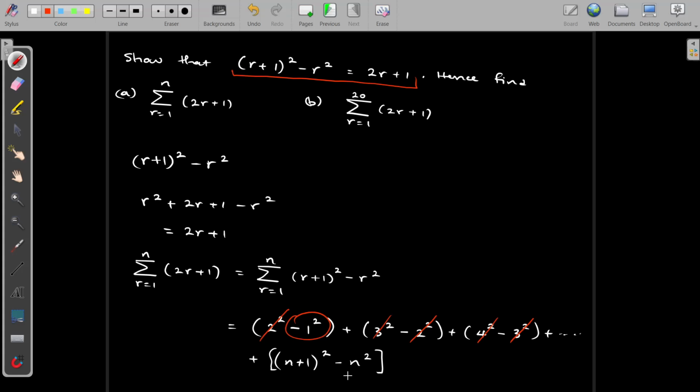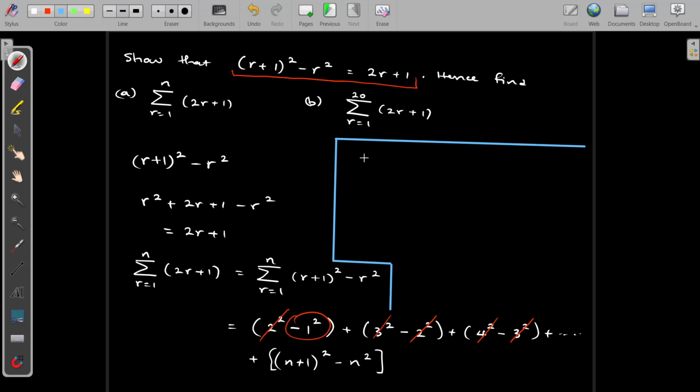And then for the last bracket, we need to see which one of these are cancelled out. So that means we would need to find the term before this. And we said that the term before n, we get to n is what? N minus 1. So n minus 1 would be our term. So let's see what happens when we're working with n minus 1.